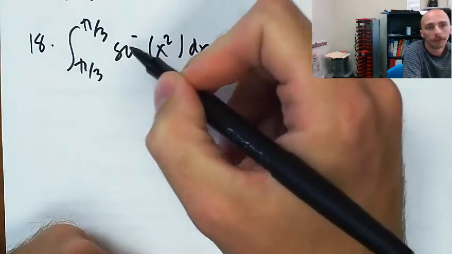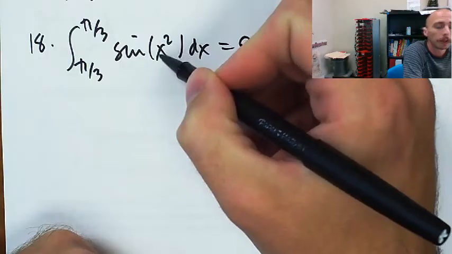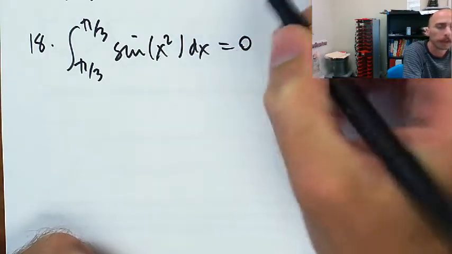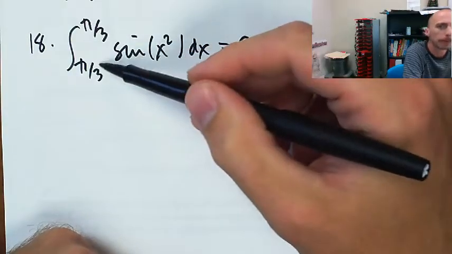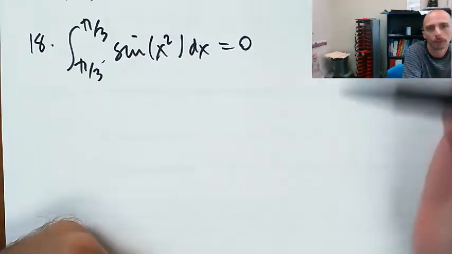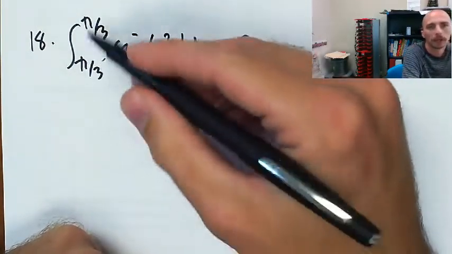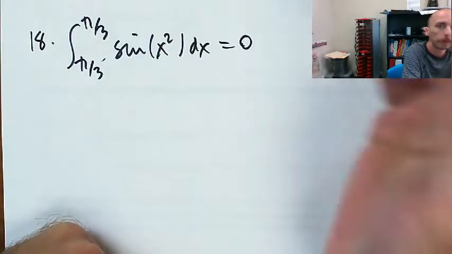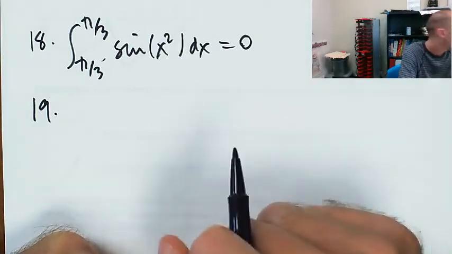Or suppose I could find an antiderivative for sine of x squared with respect to x, which you can't. Some functions are not antidifferentiable. If I could, and I plugged in pi over 3, and I plugged in pi over 3, and I subtracted them from each other, no matter what the antiderivative was, I'd get 0. So that's another reason why the integral from a number to that same number is 0, in terms of the fundamental theorem instead of in terms of area.